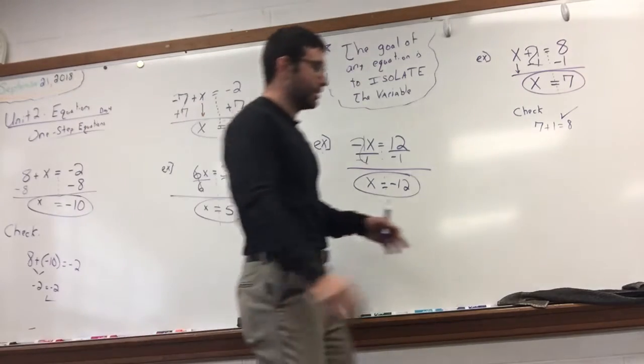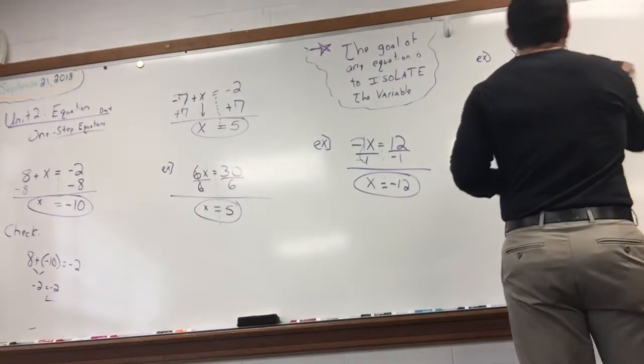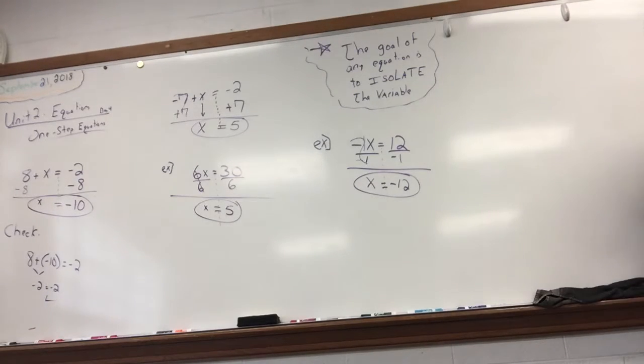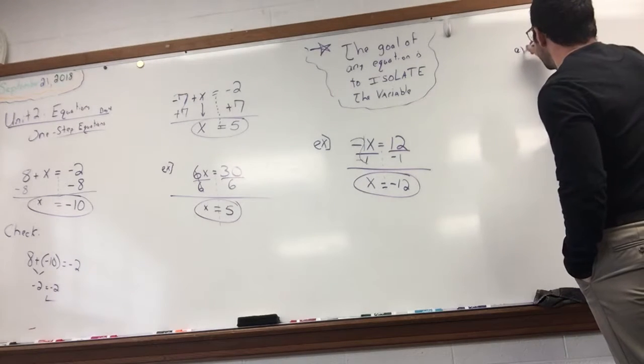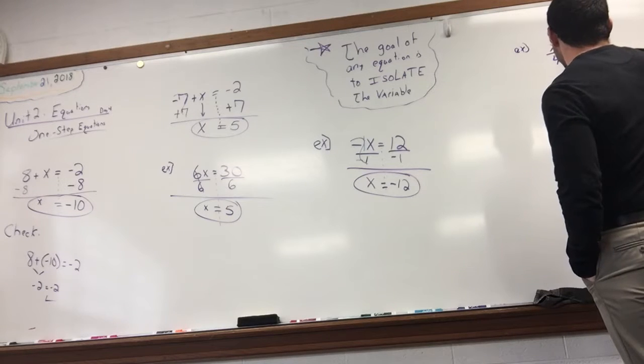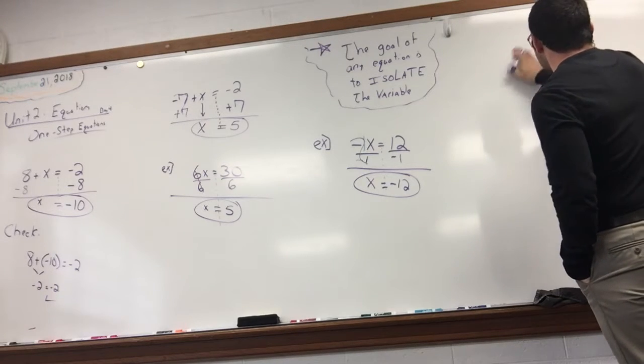Okay, so now we've got multiplication. Almost done. Division's a little bit different. I showed you if I give you x over 4 equals 3.